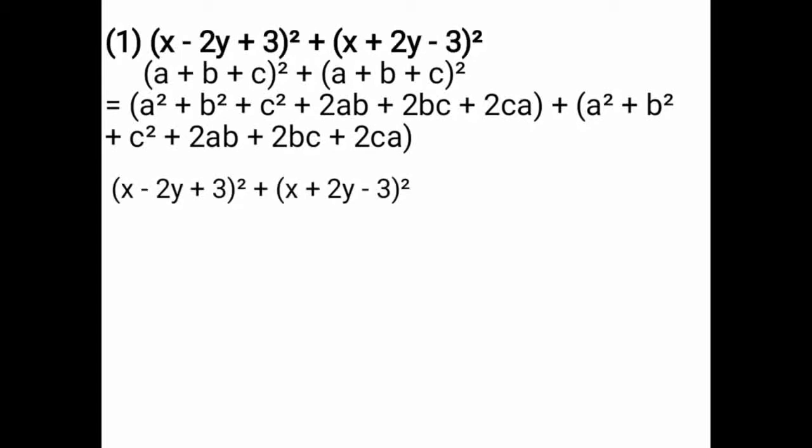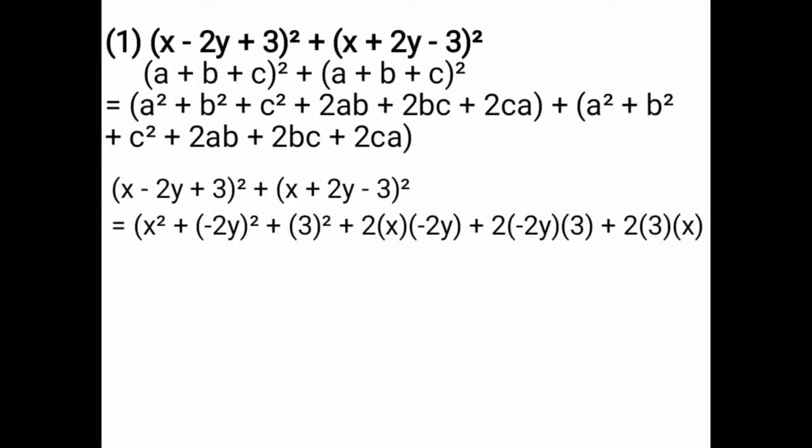(x minus 2y plus 3) the whole square plus (x plus 2y minus 3) the whole square. First you have to expand the formula of (a plus b plus c) the whole square for the first bracket. That is equal to x square plus (minus 2y) square plus 3 square plus 2x into minus 2y plus 2 into minus 2y into 3 plus 2 into 3x.